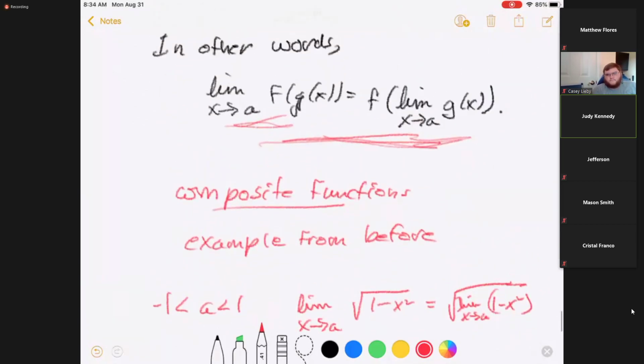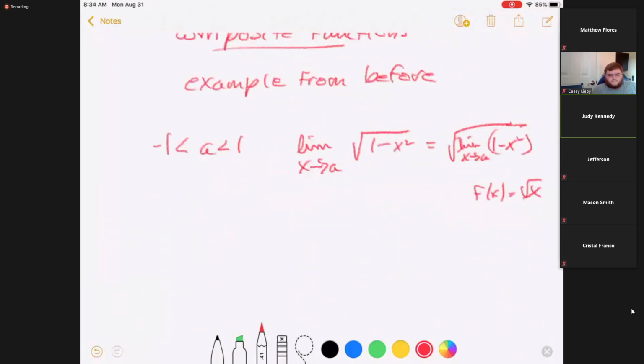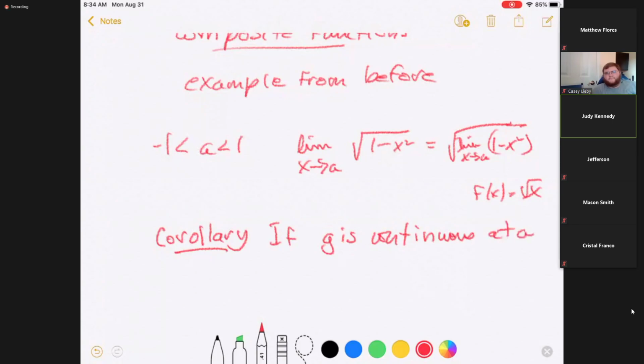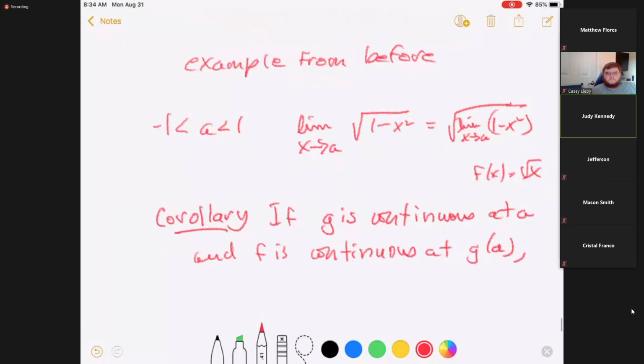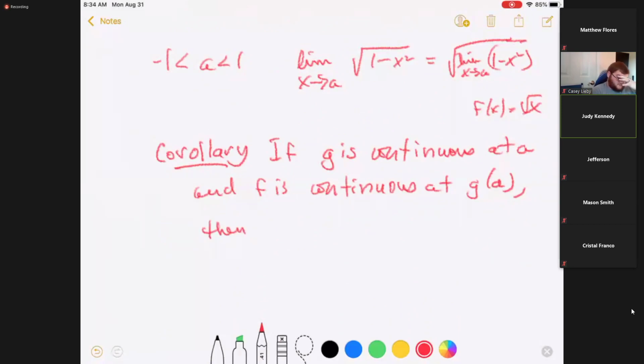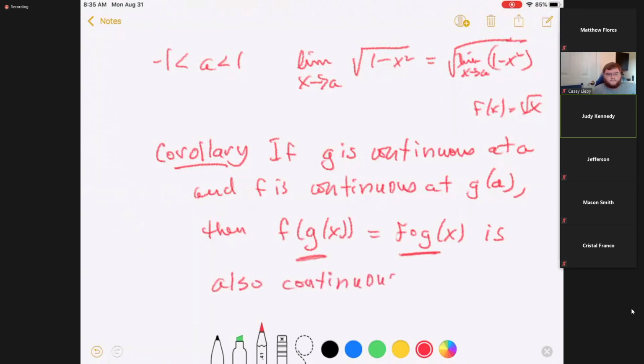And also a corollary to this theorem: if g is continuous at a and f is continuous at g of a, then the function f of g, which sometimes you'll write with a little circle to indicate composition, and this means the same thing, is also continuous at a.